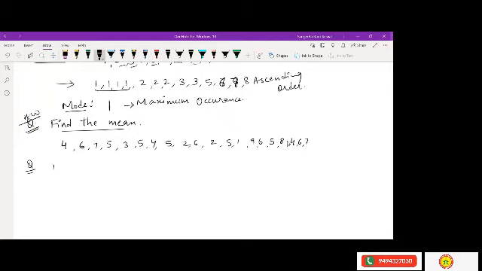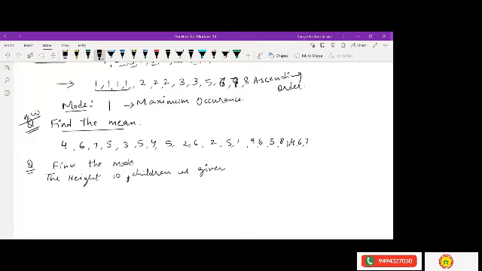The next question: find the mode. To find the mode, the heights of 10 children are given.